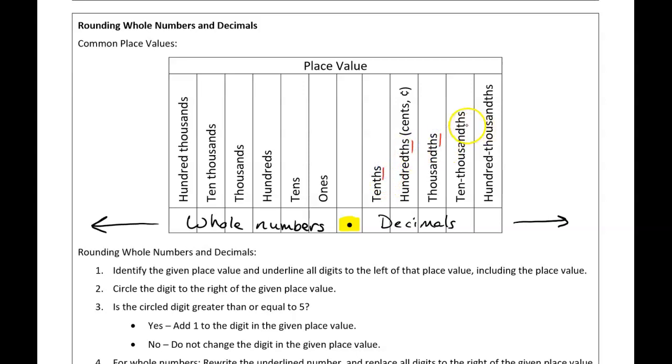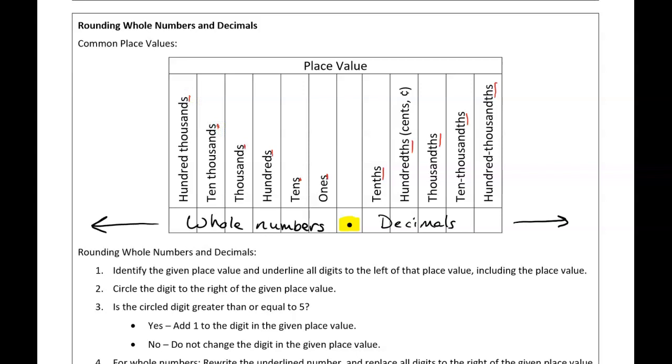So that's a clue that when we're asked to round to a place value that ends with a TH-S, our answer will have a decimal. On the other side of the decimal point, ones, tens, hundreds, thousands, ten-thousands end with a single S. That tells us our answer will be a whole number. There won't be any more decimals after it.